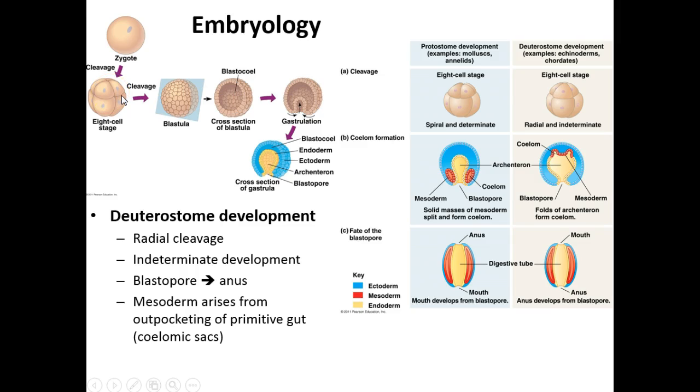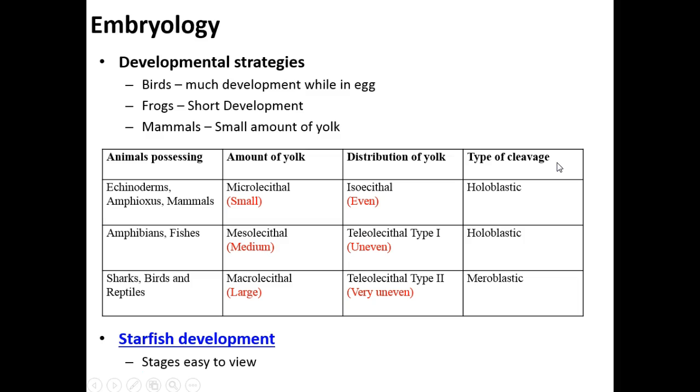So that's where my twin sister and I come from, is from that occurrence. Okay, and we have mesoderm arising from these outpockets, which we'll be seeing, that are known as a coelomic sac. And it's a primitive gut outpocketing, because this gut space called the archenteron is going to become the innermost tissues of our body and our digestive tract.